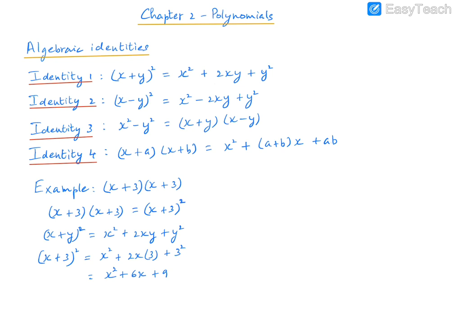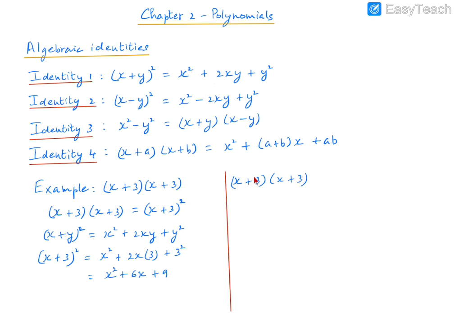We can solve the same algebraic expression using identity number 4 as well. So let's do that. x plus 3 into x plus 3, and this is also looking similar to the form of identity number 4, where we have x plus a into x plus b, except that a and b are the same in this case.